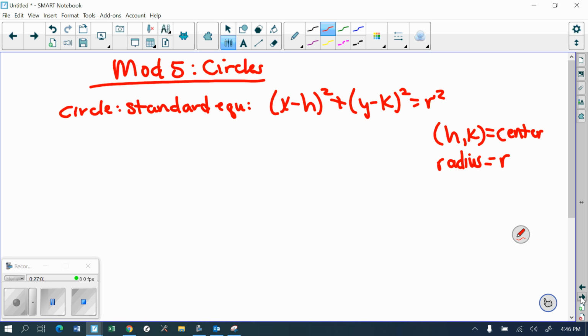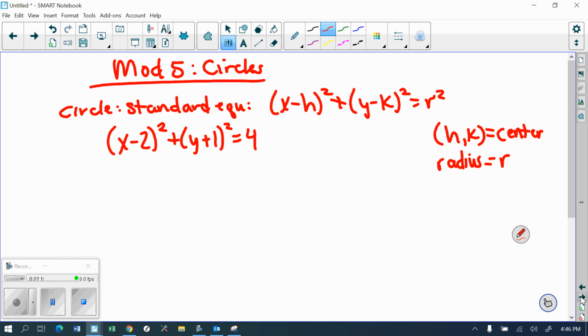So if I gave you an example, x minus 2 squared plus y plus 1 squared equals 4, and they ask, what is the center and the radius?